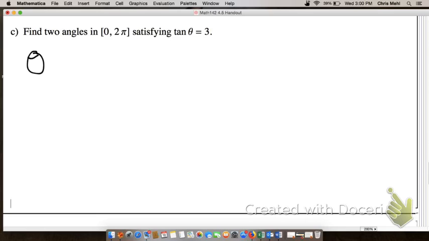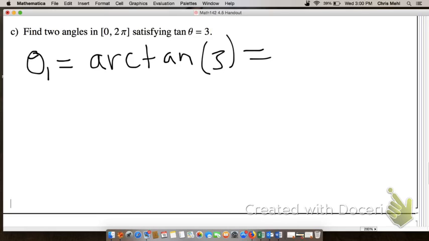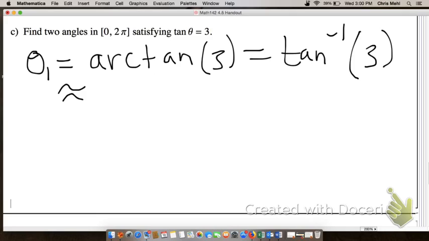or first solution if you will, theta 1 is going to be arctangent of positive 3, or if you like, you can also use the tan inverse notation of 3. And when I plug this in my calculator, it spits out for me 1.23 radians.